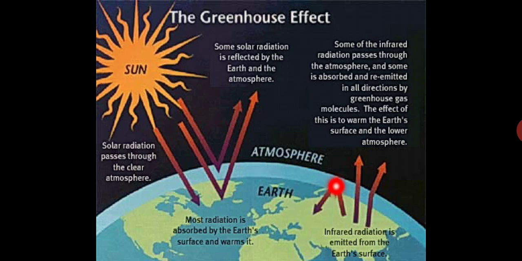Most of the infrared radiation is reflected back to the Earth by this envelope of CO2. It acts like a glass layer, which transmits the shorter wavelength visible light into the Earth, but does not allow the reflected radiation having higher wavelength, like infrared radiation, to pass through this envelope. That is what is known as the greenhouse effect.